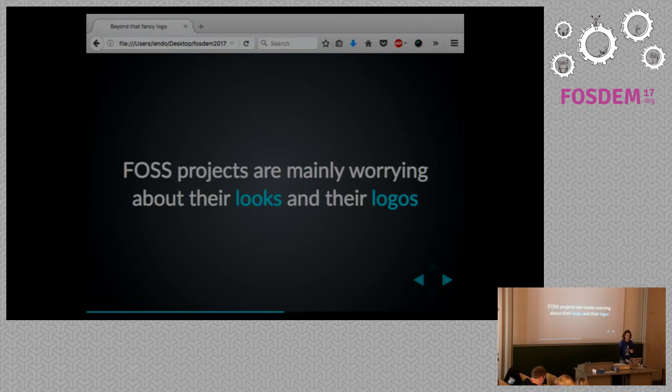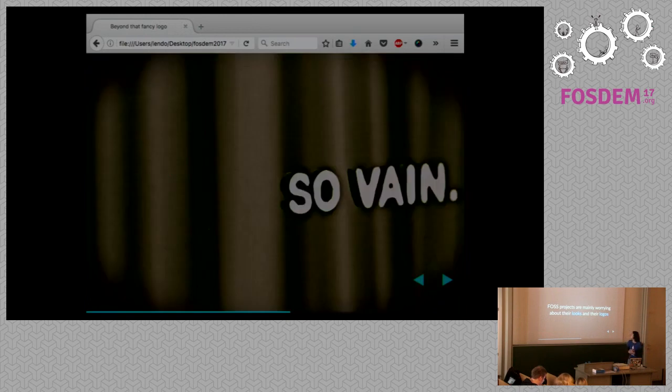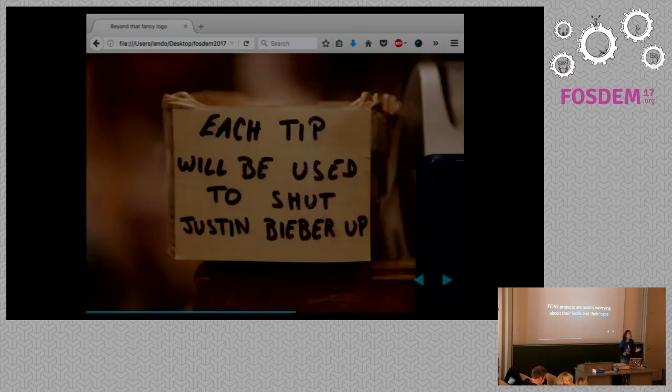It turns out from this data that free and open source software projects are mainly worrying about the way they look, and very particularly about their logos. So if free and open source software projects were a person, they would come across as quite vain.